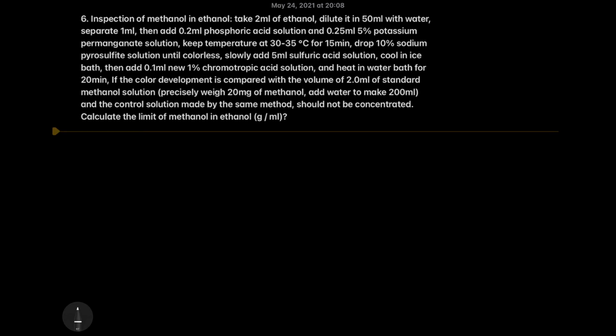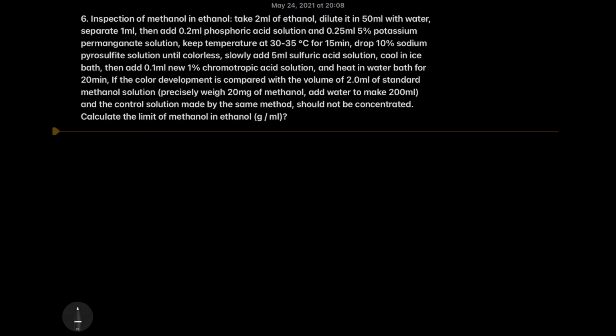Keep the temperature at 30 to 35 degrees for 15 minutes. Drop in 10% sodium pyrosulfite solution until colorless. Slowly add 2 milliliters of sulfuric acid solution. Cool in an ice bath, then add 0.1 milliliters of new 1% chromotropic acid solution and heat in a water bath for 20 minutes.